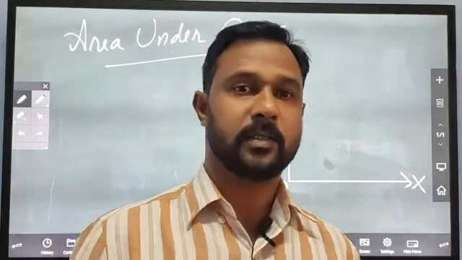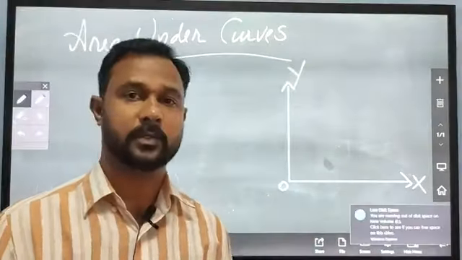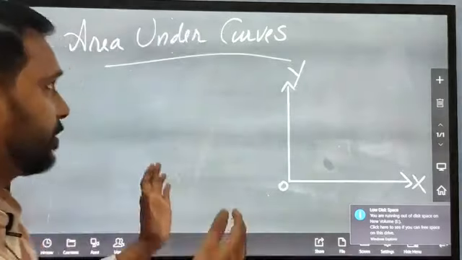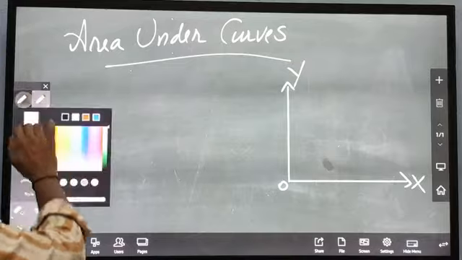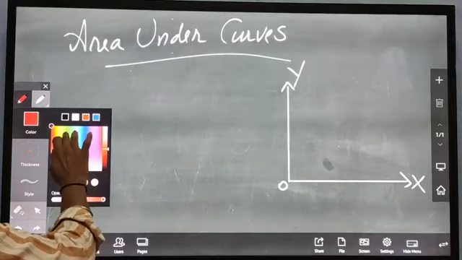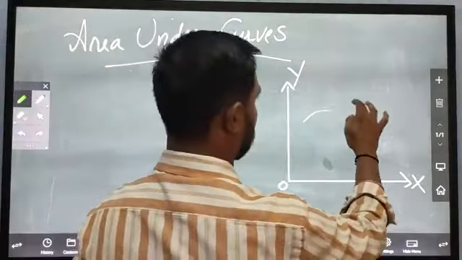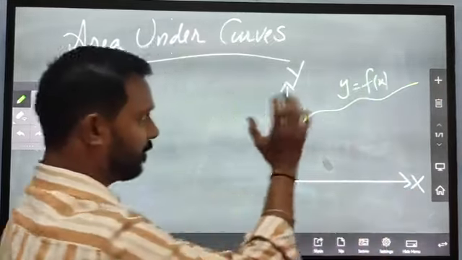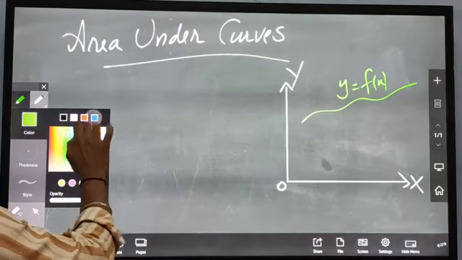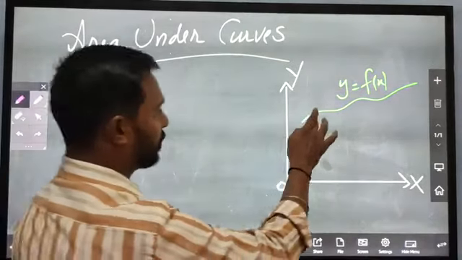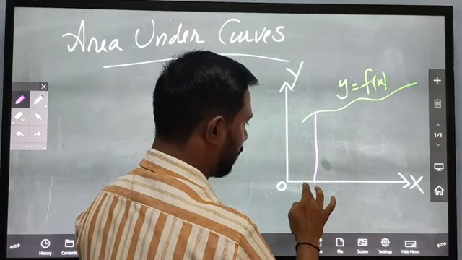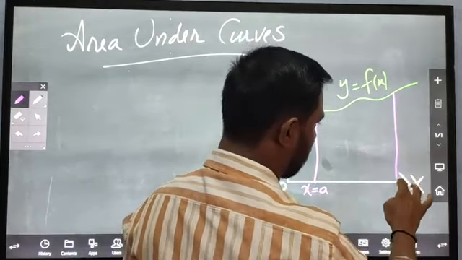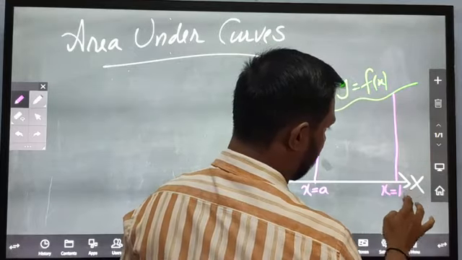Hi friends, let us have one more look at area under curves, which is the chapter based on applications of integration. In this curve, you consider a curve y is equal to f of x. Under this curve, let us decide the extremities as x equal to a and another point x equal to b.